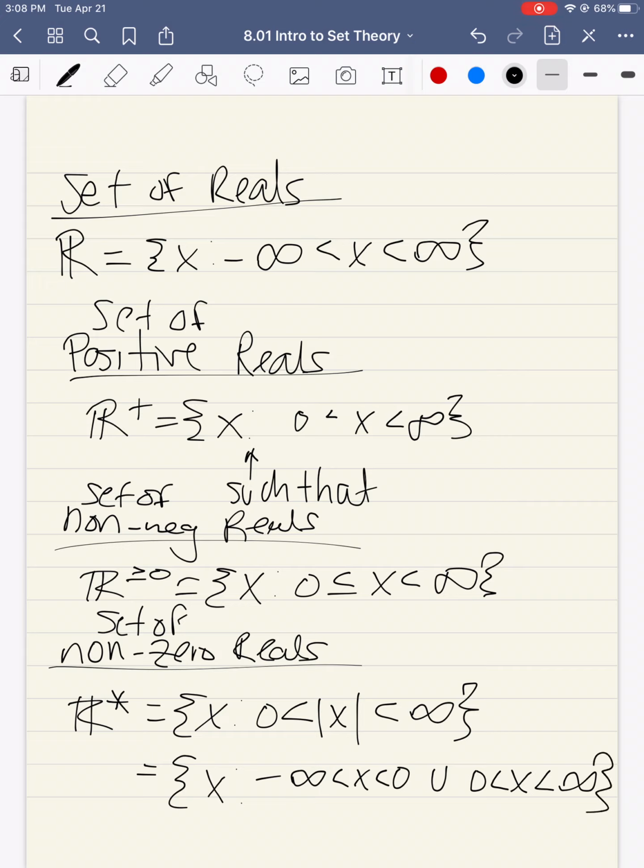That'll work. So regardless, it just means, again, 0 is not included.